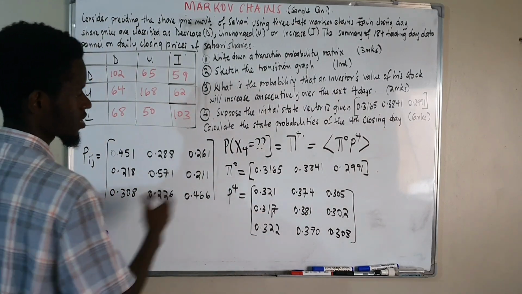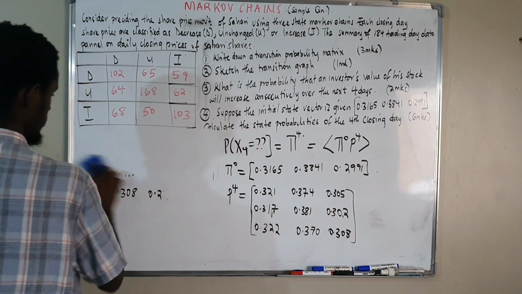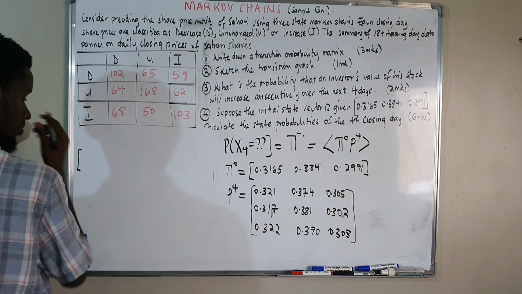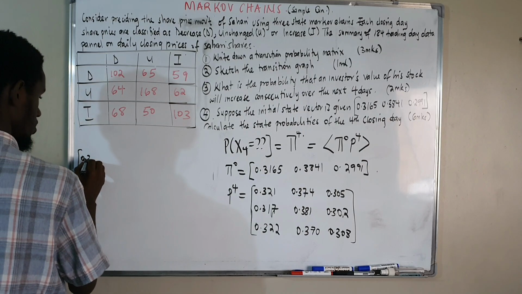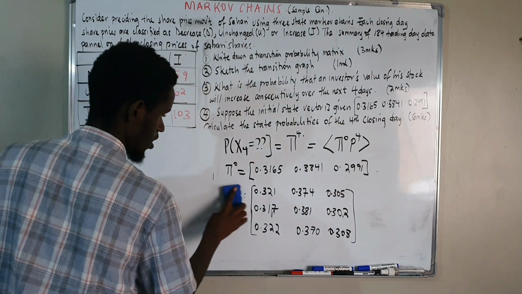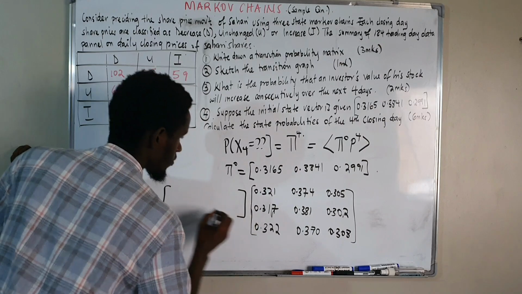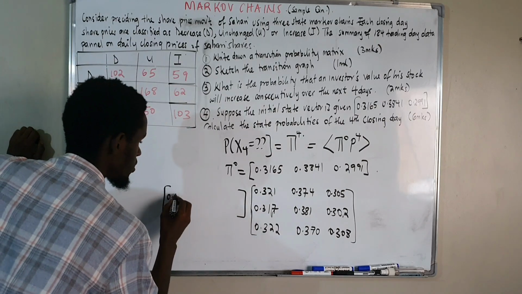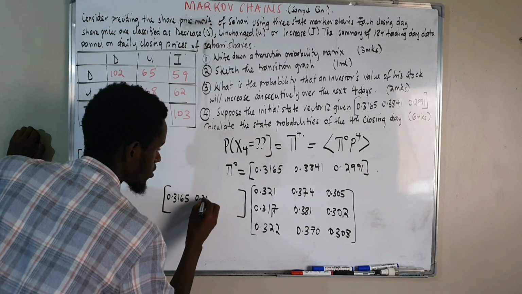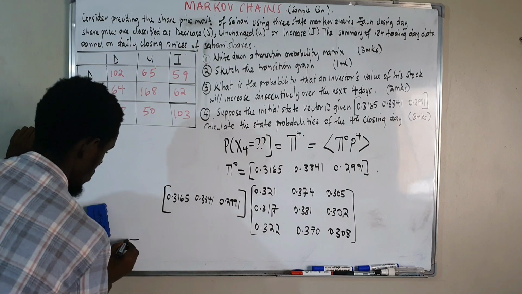Now our task is multiplying this one times this one so as to get our final matrix. This is the same thing as having 0.3165, 0.3841, and 0.2991. Then what's going to be our final answer?